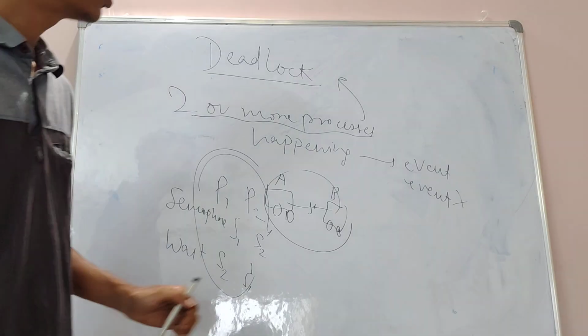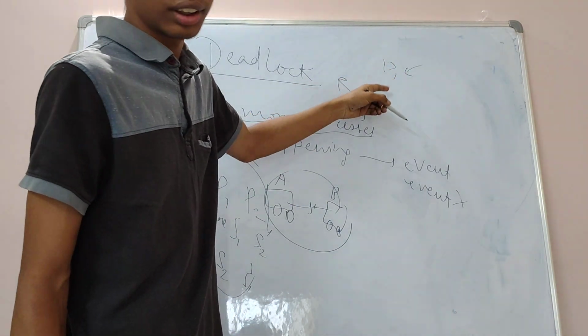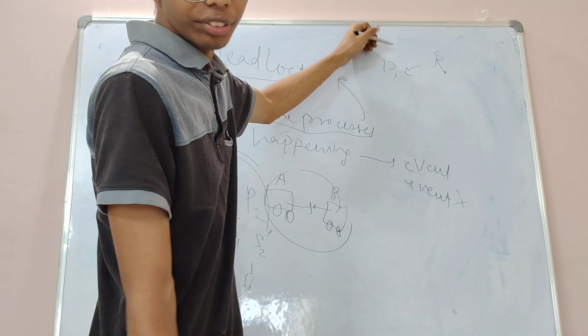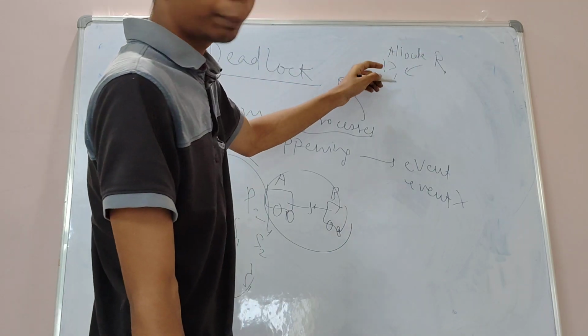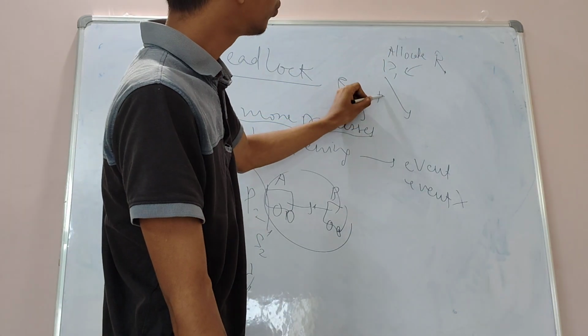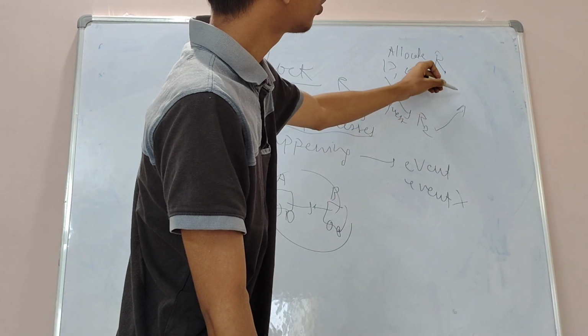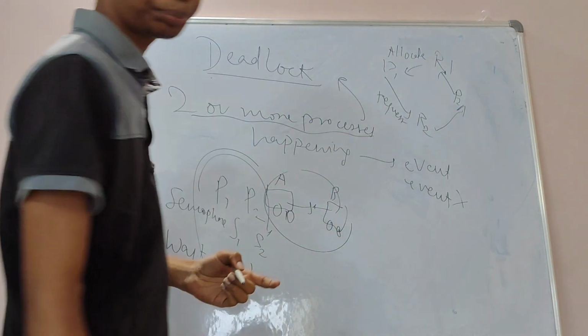Now suppose I have P1 and resource R1. R1 is allocated to process P1. P1 is requesting resource R2. R2 is allocated to process P2, and P2 is requesting R1, right?